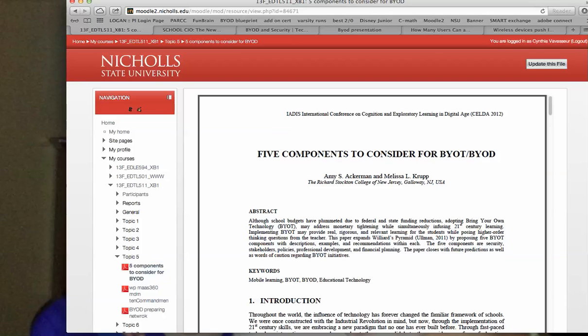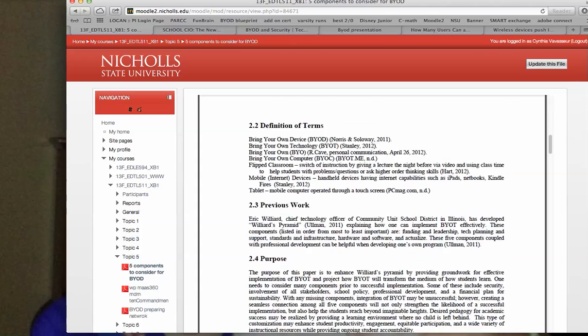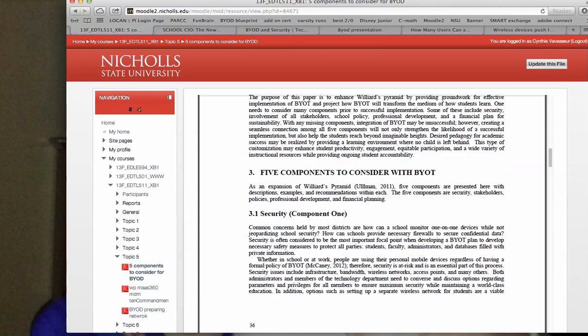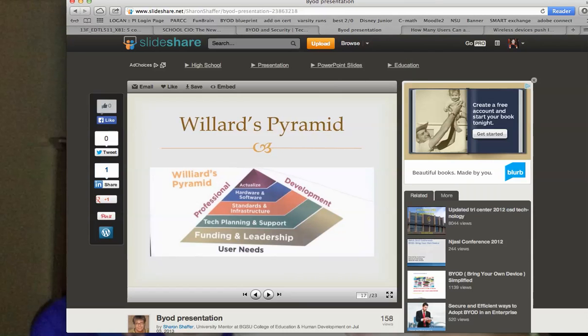So the first thing I want you to do is read these 2 articles. The first one is called 5 Components to Consider for Bring Your Own Devices, and it talks about Willard's Pyramid. That is the components that you need to go through, in a particular order, to make a BYOD initiative stick.